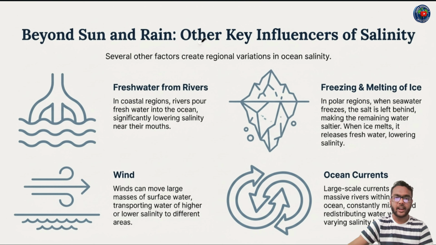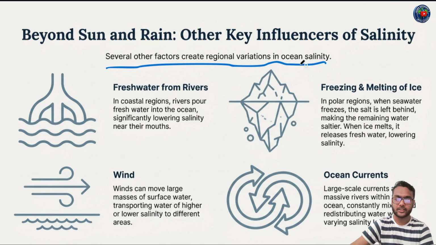Beyond sun and rain, several other factors create regional variation in ocean salinity. First of all, freshwater from rivers. In coastal regions, rivers pour fresh water into the ocean, significantly lowering salinity near their mouths.